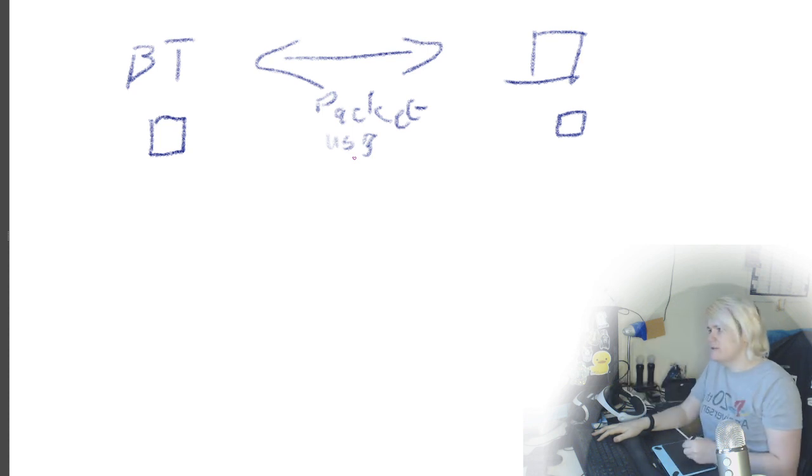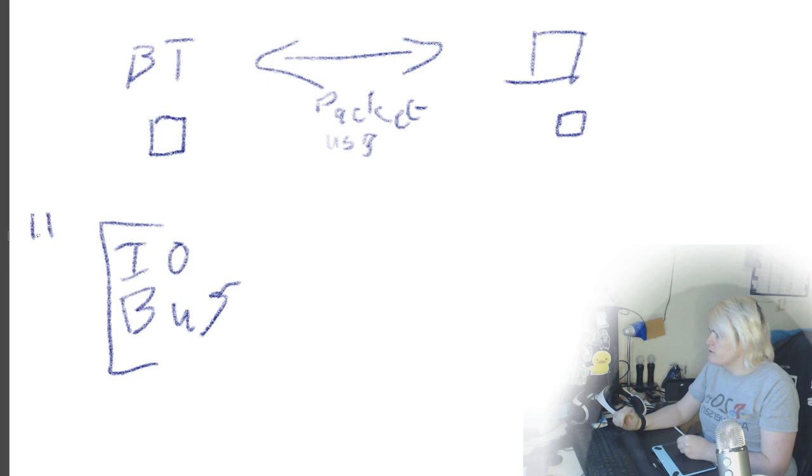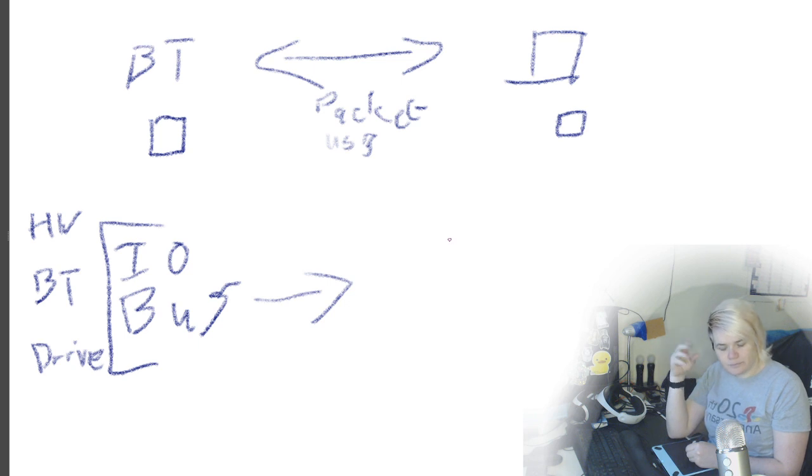So we've got the Bluetooth controller stuff. Now we've got the device. I don't want to dive into the whole explanation of the console, but you effectively have your I/O bus, and on your I/O bus you're going to have things like your hardware ports, but you also have things like your Bluetooth, your drives, all this kind of stuff, and your I/O bus is going to communicate between that and the actual CPU, because for anything to actually be done by the game, it has to be on the actual logic circuit.